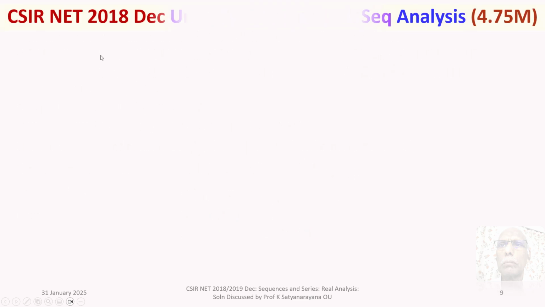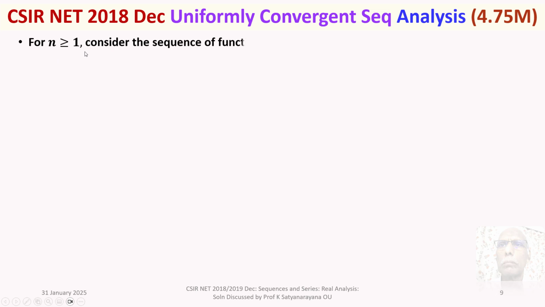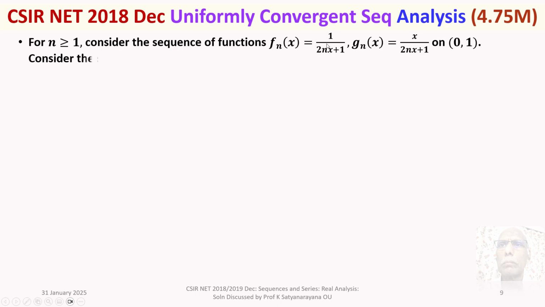This is also a question that appeared in December 2018, and it is for 4.75 marks. It is from Part C, related to the uniform convergence of sequences. The question is: for n greater than or equal to 1, consider the sequence of functions f_n(x) equal to 1 by (2nx plus 1), g_n(x) equal to x by (2nx plus 1) on the open interval 0 to 1.